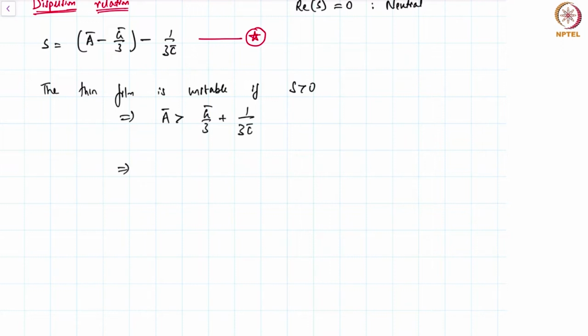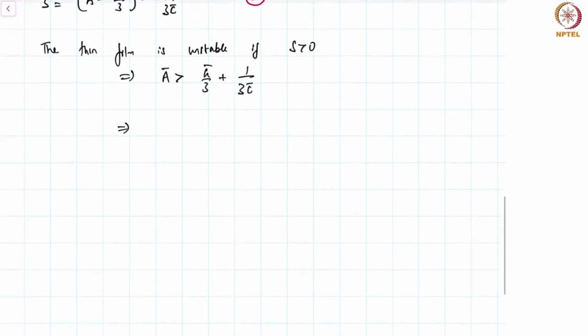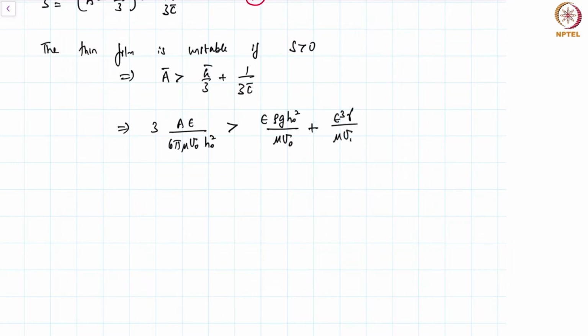We can substitute the expressions for A bar, G bar and C bar: A epsilon^6 by mu u naught h naught square should be greater than epsilon rho g h naught square by mu u naught, and we also have epsilon cube gamma by mu u naught.